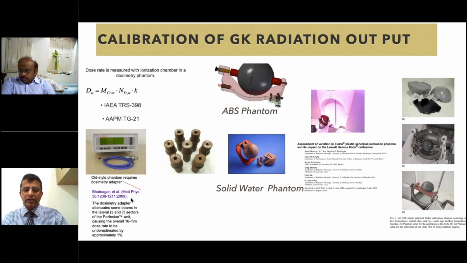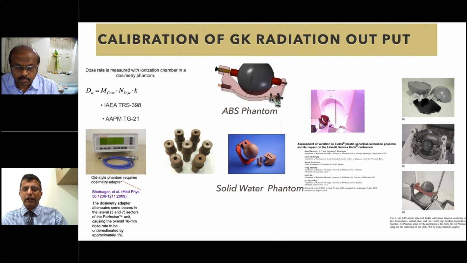Also there is another study from Dr. Petnagar from the same group. He also mentioned the adapter that is used for the ABS phantom when using it for the calibration. So there are a few physics issues which need to be addressed before we make the calibration.